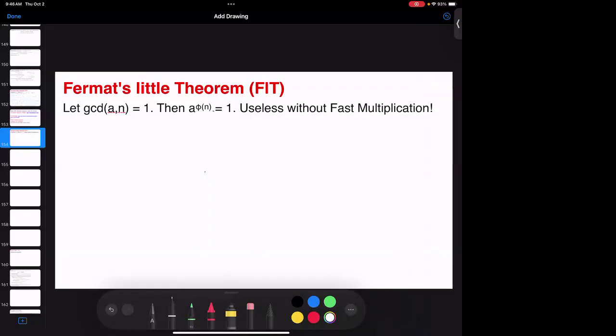And phi of n is the Euler totient function, which we talked about, the number of integers from 1 to n that are relatively prime to n. If we take any number relatively prime to n and raise it to phi of n, we always get 1.